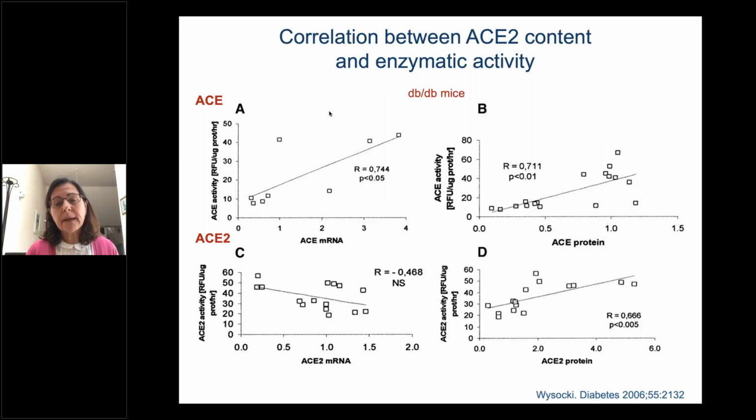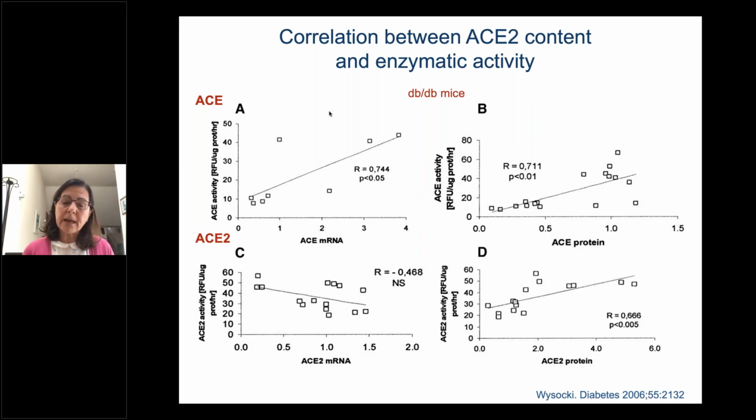This study by Daniel Batlle's group also showed us that in this db/db model, there was a very clear relationship between the expression of angiotensin-converting enzyme and angiotensin-converting enzyme 2 and ACE activity.